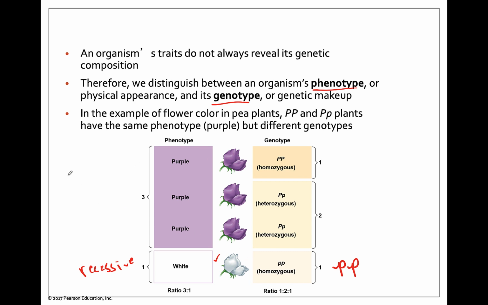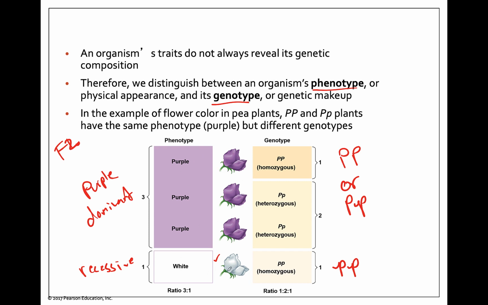However, this is an example. This is the F1 or the F2 generation here, where we got 3 purples to every 1 white. We have 3 purple, which is the dominant trait. These actually have 2 different possible genotypes: they can be big P, big P, or big P, little p. You cannot look at a purple flower and determine its genotype from just the color of a dominant trait.